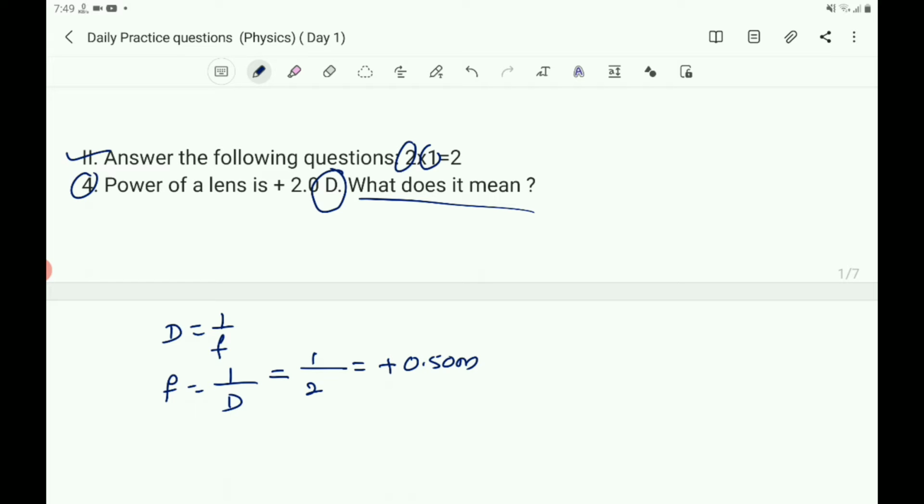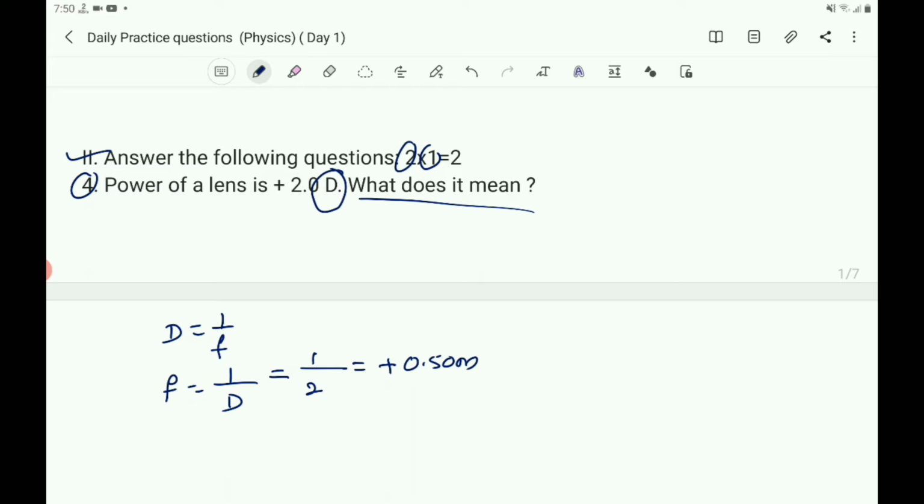So here a convex lens of short focal length bends the light rays through large angles by focusing them closer to the optical center, and the concave lens of very short focal length causes higher divergence than the one with the longer focal length.